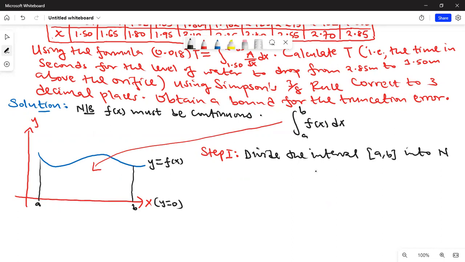Of course, we require that n must be divisible by 3.